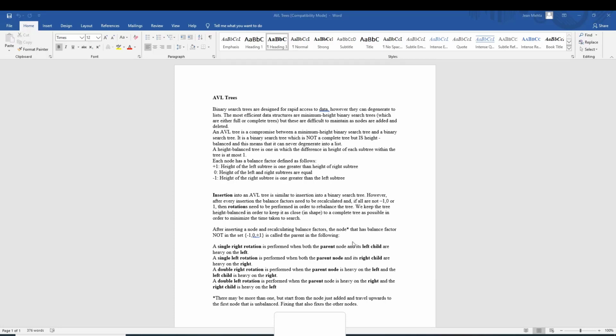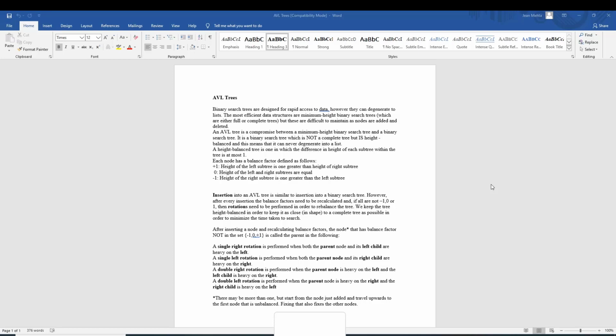So we've seen that a binary search tree is usually better than a linked list in finding something. And when we say better, we mean has fewer comparisons until we find the object that we're looking for. You'll recall that a linked list is of order n, and a binary search tree is usually of order log n.